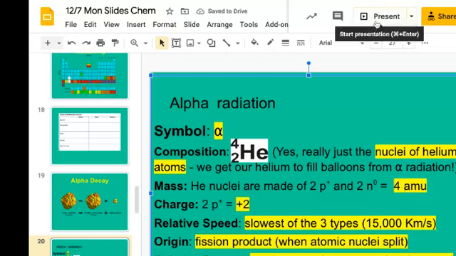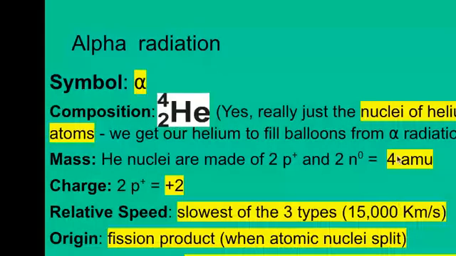Always want our units, right? So 4 atomic mass units. Our charge, well, we shot off 2 positive protons and 2 neutral neutrons. Neutrals don't have any charge, and protons have a positive charge, right? So our overall charge of an alpha particle is +2. Does that make sense?